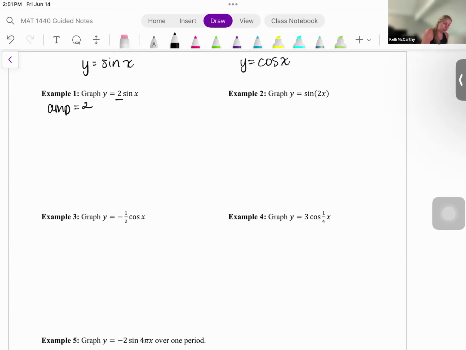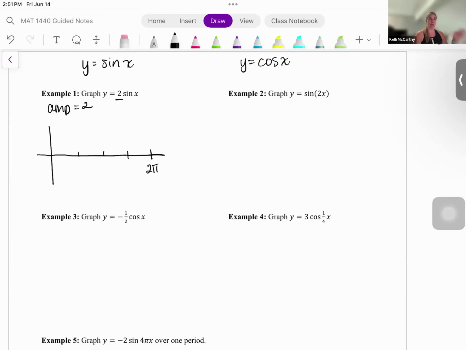Nothing else has changed. So if I go to sketch this graph, I'm going to just sketch one period for now. My period is still 2 pi because we haven't modified the period. So let's start by marking off our horizontal axis. Once we've marked our period, again, we divide it into 4 equal parts to be able to plot those 5 landmark points.